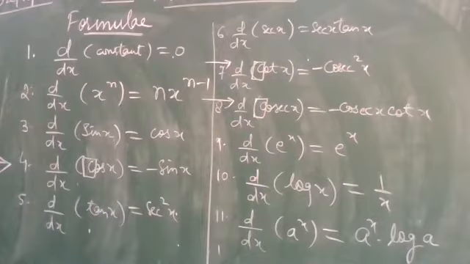Now let's come to the exercise 13.2. Some questions are there, and question number 4 is based on first principle, so we'll be taking one part of that. First of all, we are taking a very simple question based on the formulas. All of you have written them?